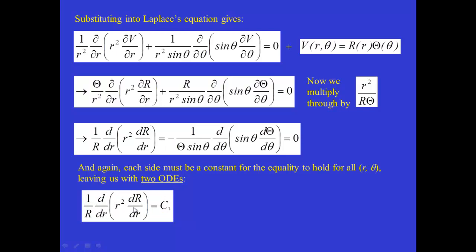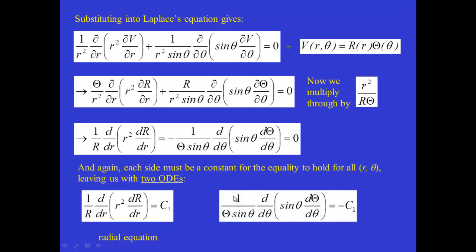So here is the radial equation, which is the term on the left equal to a constant c1, and the same thing holds true for the term on the right. This term is equal to minus c1. Now, that equation, of course, because theta is the polar angle, is called the polar equation.